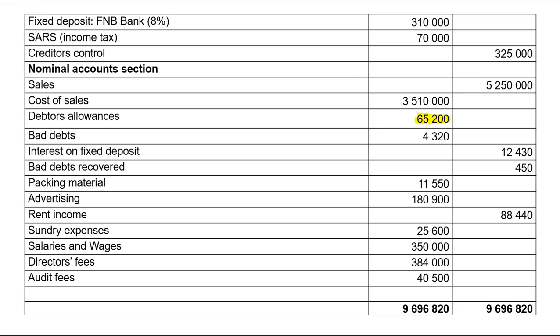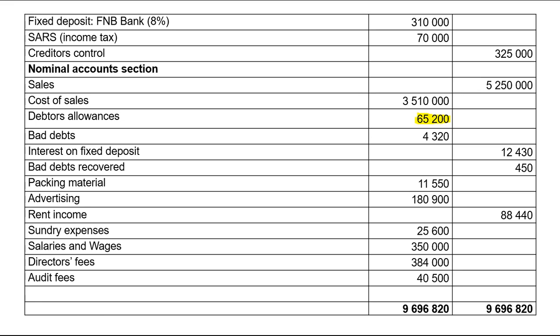Remember, when you recognize debtors allowances, you debit debtors allowances, you credit debtors control. That means that 65,200 has already been deducted from your debtors control. So that entry was already done.